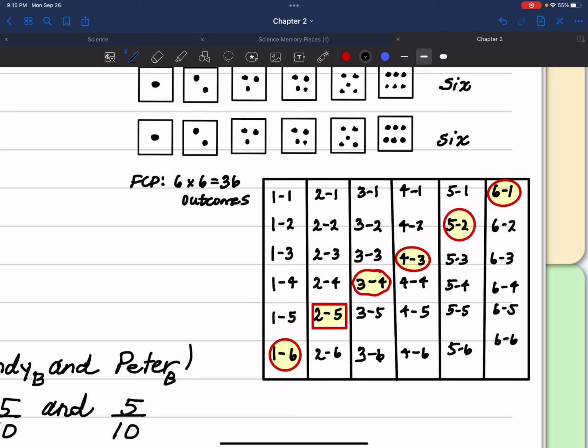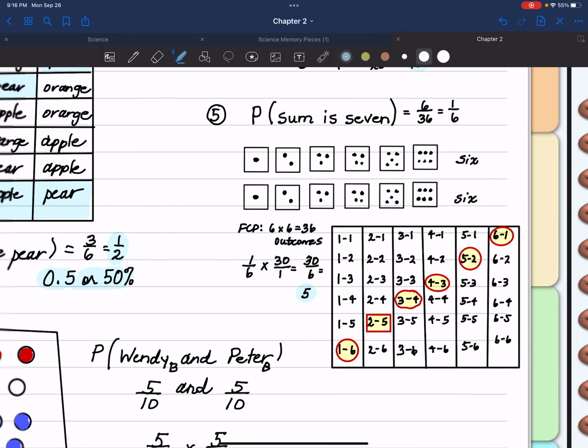But remember, we want to do that for 30 rolls. So we would take that 1 out of 6 probability times 30, and you can do that on your calculator. You can put a 1 under there to get 30 over 6, and then that would divide on down to 5. This wasn't quite as long as I thought it would be.